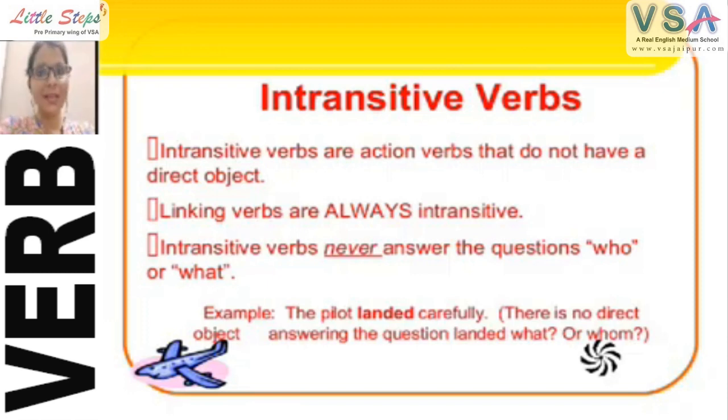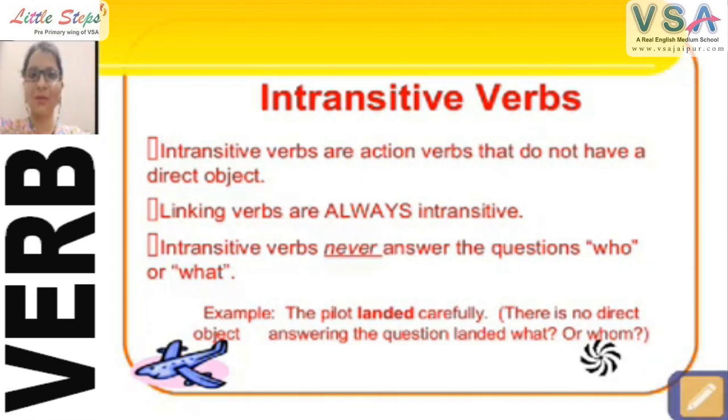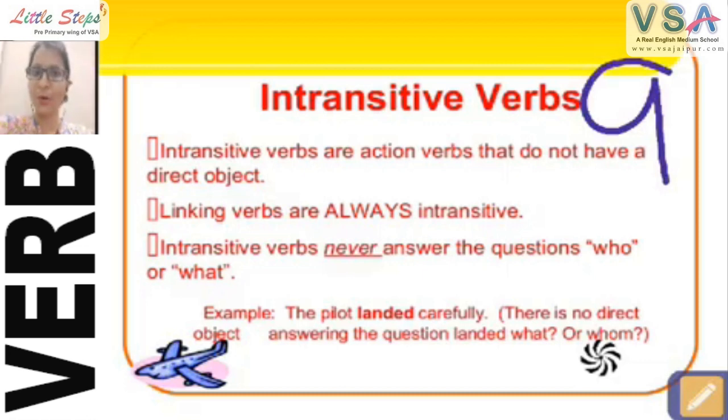These are the linking verbs. और इन 9 linking verbs को क्या चाहिए? हमेशा ये verbs, linking verbs कैसी होती हैं? Intransitive होती हैं. As I have told you earlier, कि कौन कौन से लिंकिंग वर्ब्स हैं, कितने लिंकिंग वर्ब्स हैं? 9 लिंकिंग वर्ब्स हैं और वो भी मैं आपको बता चुकी हूँ. एक बार फिर से बोल रही हूँ. is, am, are, was, were, be, being, seem. These are the linking verbs.